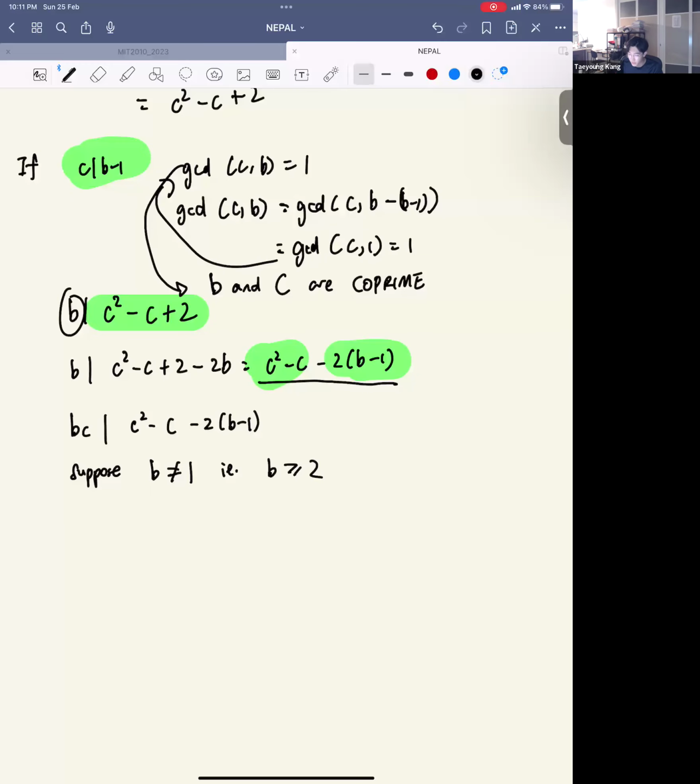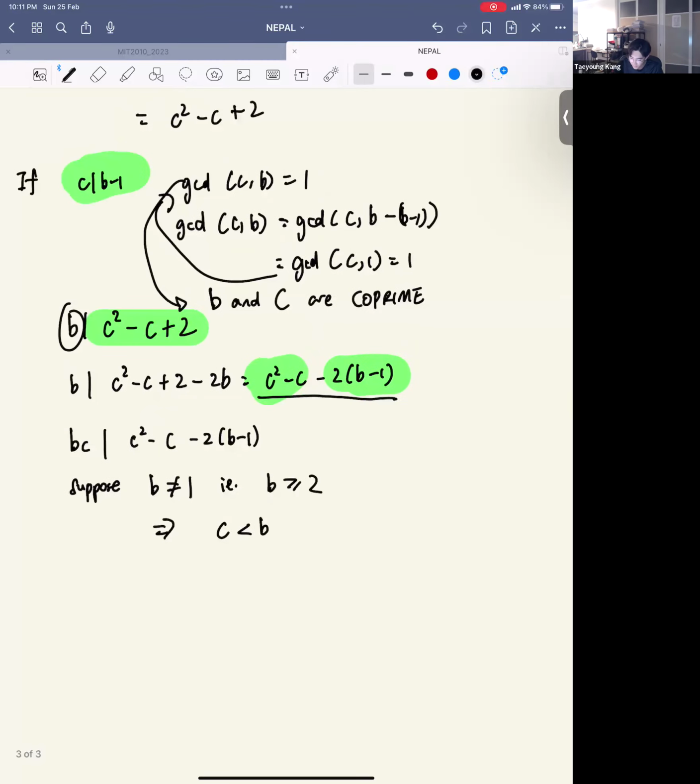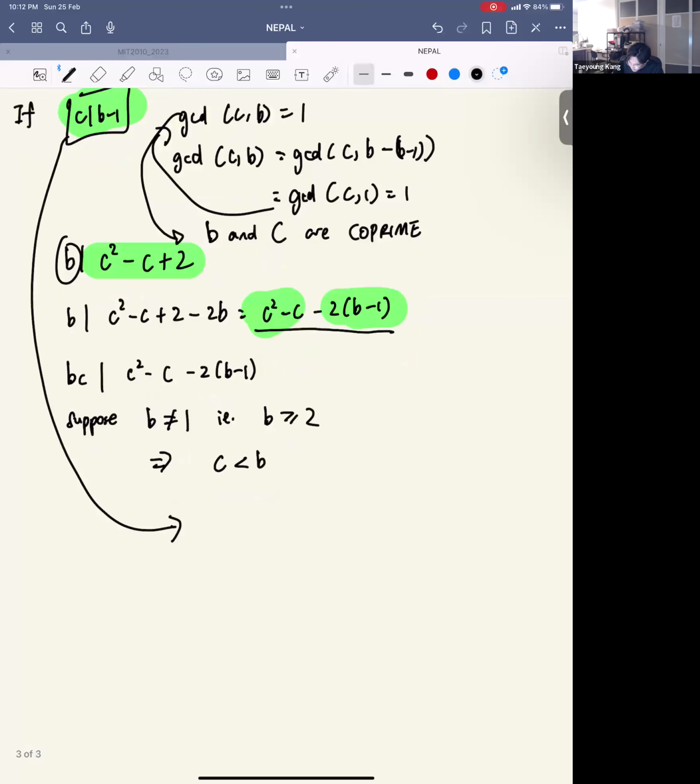If B is larger than or equal to 2, it implies that C is less than B. Correct? It's by our fact number 2.3, where since C divides B minus 1 and B is larger than or equal to 2, we have that B minus 1 is larger than or equal to C, so B is larger than C.